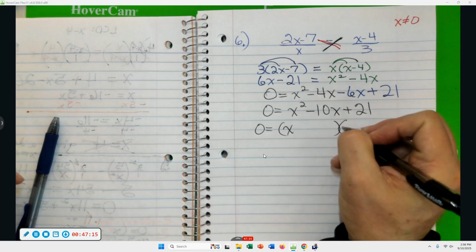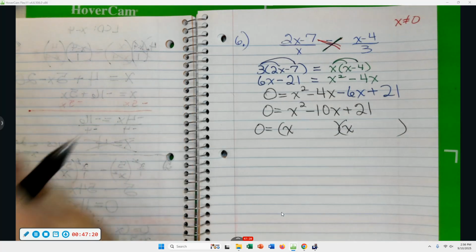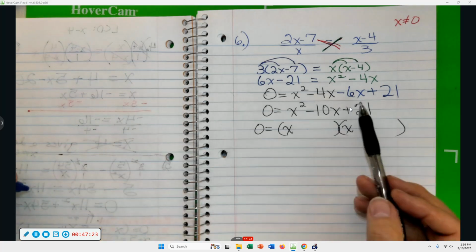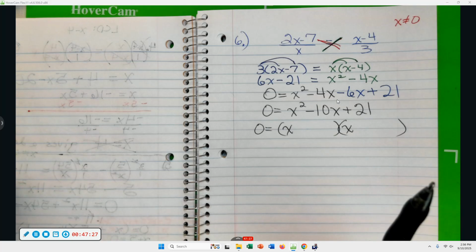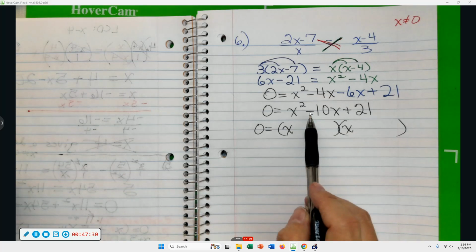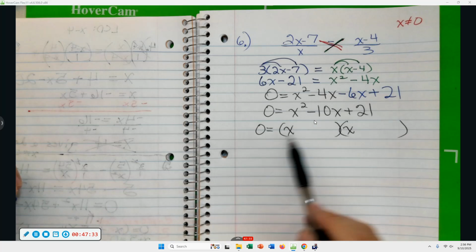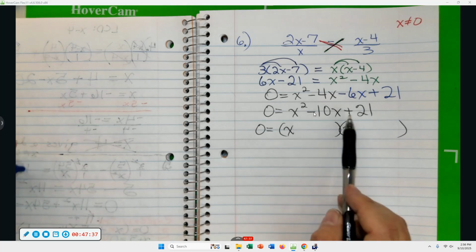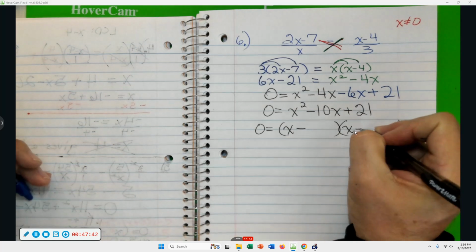So we have 1x times 1x. We know something about the signs. The last sign's a plus, so you're going to have 2 of the first signs. We're going to have to use some negatives down here, or else we'll never get that minus sign there. How do you use negatives to give you a positive product? Negative times negative.